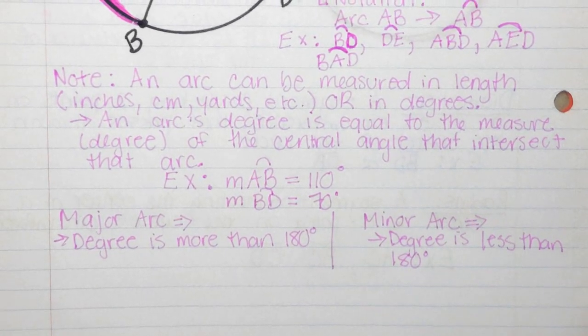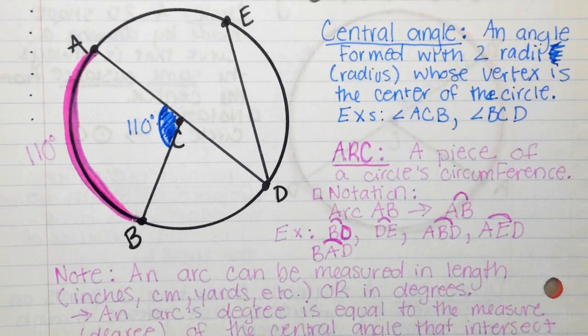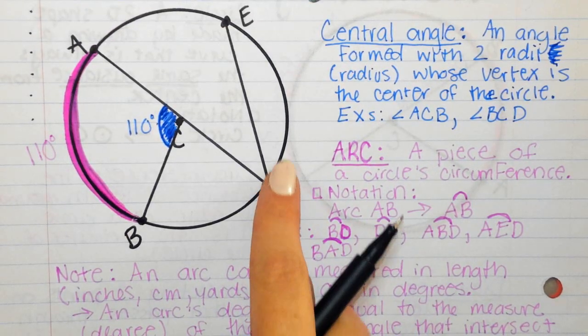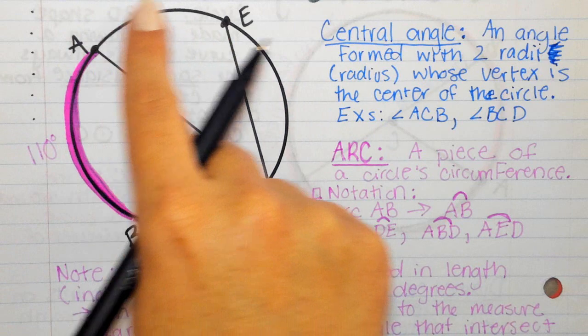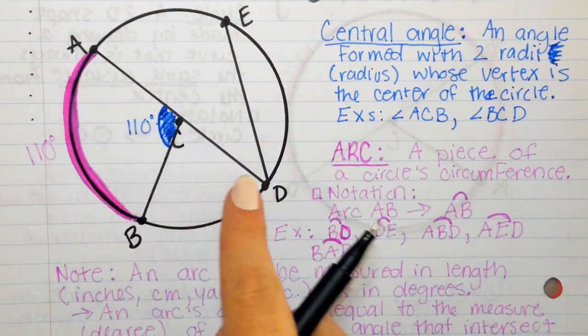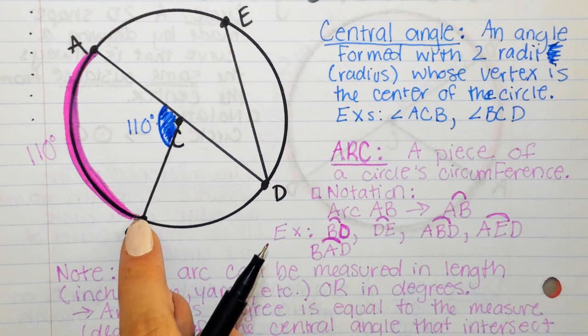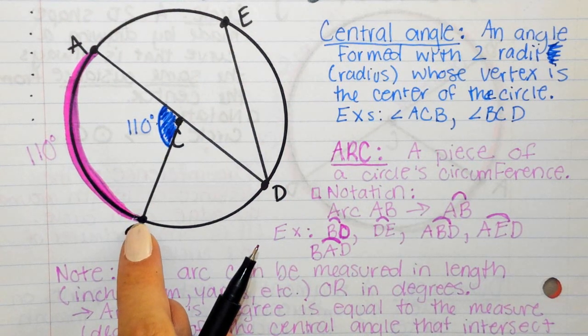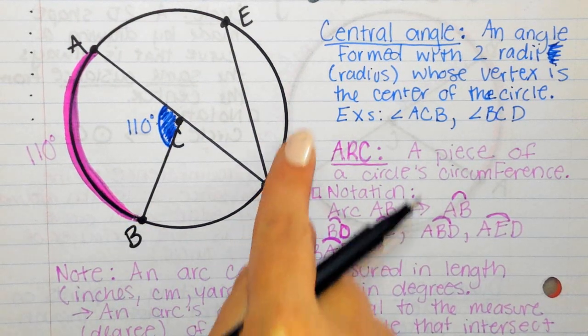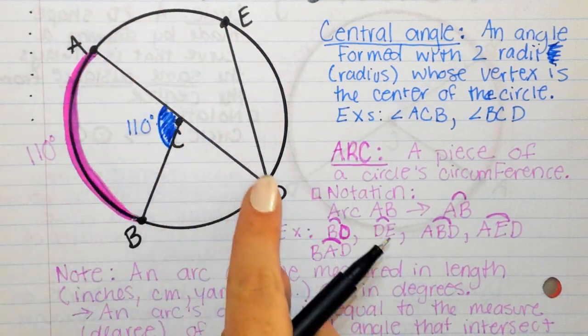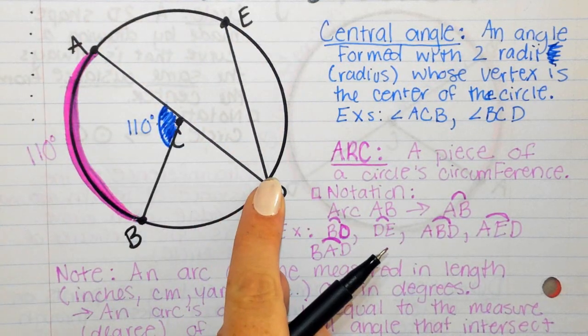So an example of a major arc would have to be something that was more than this arc AD. So something like DAB, that would be a major arc. And we could even figure out the measure of that because we know from here to here, that's half the circle. It's made with a straight line.